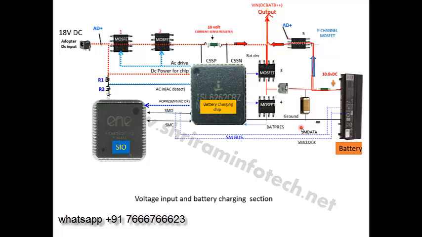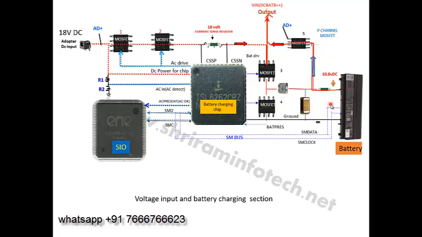The next problem is that sometimes the battery is not detected. At that time you have to check the communication. At the battery terminal there are 5 to 6 terminals. In that there are 2 wires in between, called the SM bus. At that SM bus there must be 3 volts, and there must be some pulses on the oscilloscope.